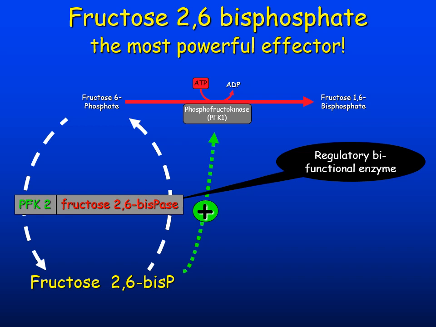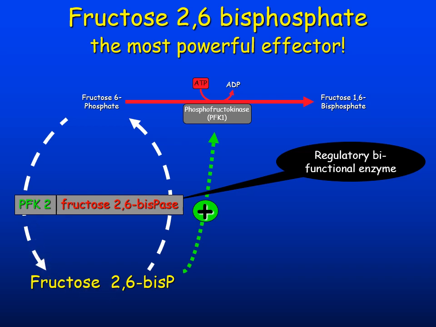The other half of this bifunctional enzyme is called fructose 2,6-bisphosphatase, and its job is to break down this allosteric effector. So therefore, to speed up glycolysis, we need to make more of this allosteric effector, fructose 2,6-bisphosphate. And therefore, we need the PFK2 half of our bifunctional enzyme to be active, making the allosteric effector.